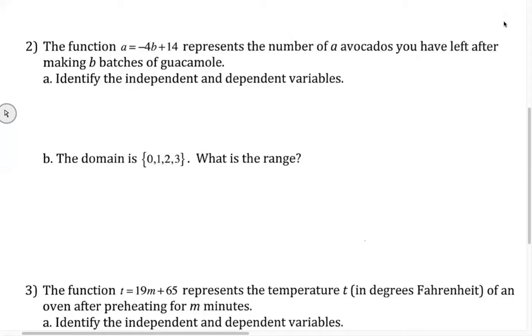Up here, the function A equals negative B plus 14 represents the number of avocados you have left after making B batches of guacamole. All right. Sandy, what can you tell me about this? Anything. We have A equals negative 4B plus 14, where A is avocados and B is batches.